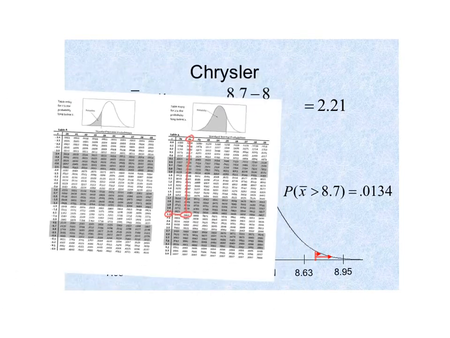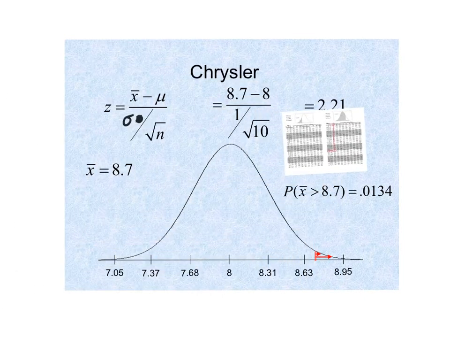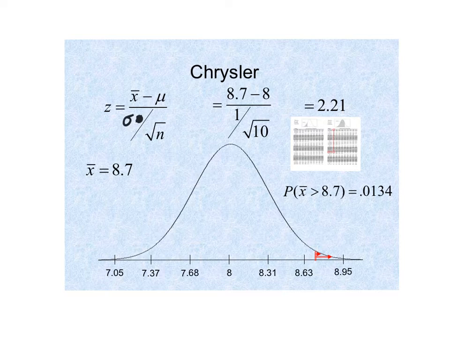But what was the claim of the hypothesis? Did we say that HA is greater or less than? Is 8.7 greater than 8 or less than 8? It was greater than 8, right?